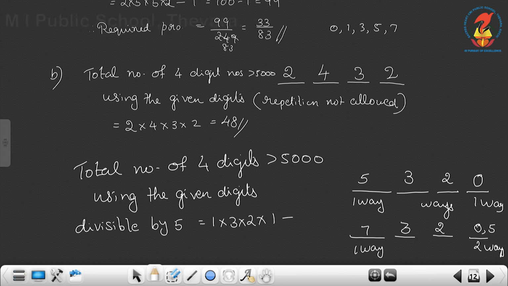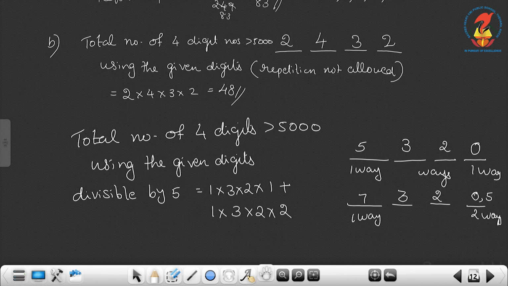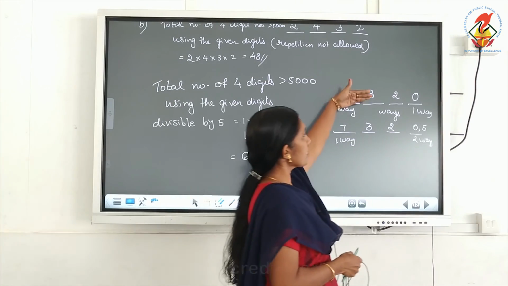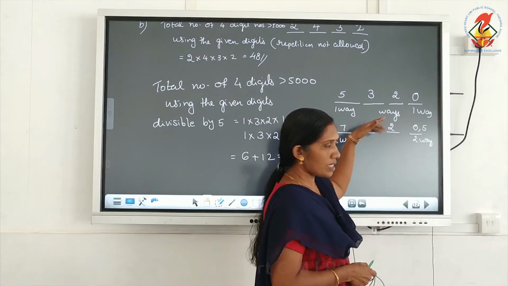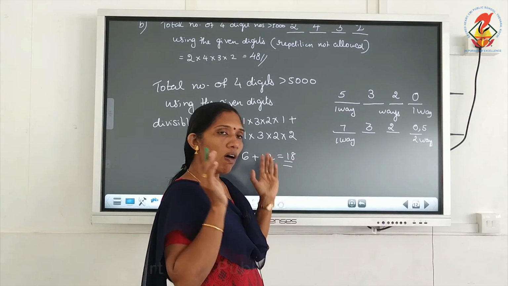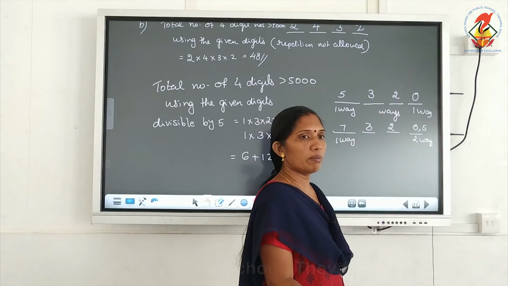Now the second case. 7 is one way, 3 ways, 2 ways. The last place we can fill in 2 different ways. Now you multiply and add. Either this or this, that's why we put the plus symbol. These are all the possible numbers divisible by 5.